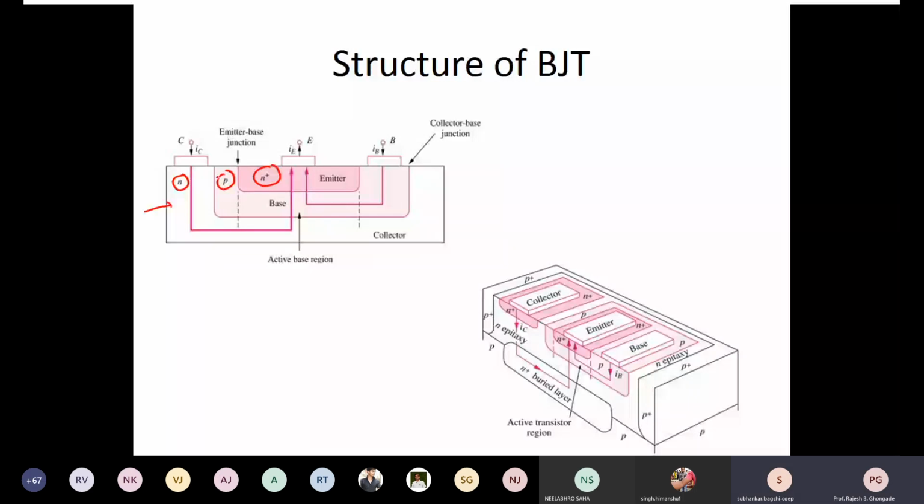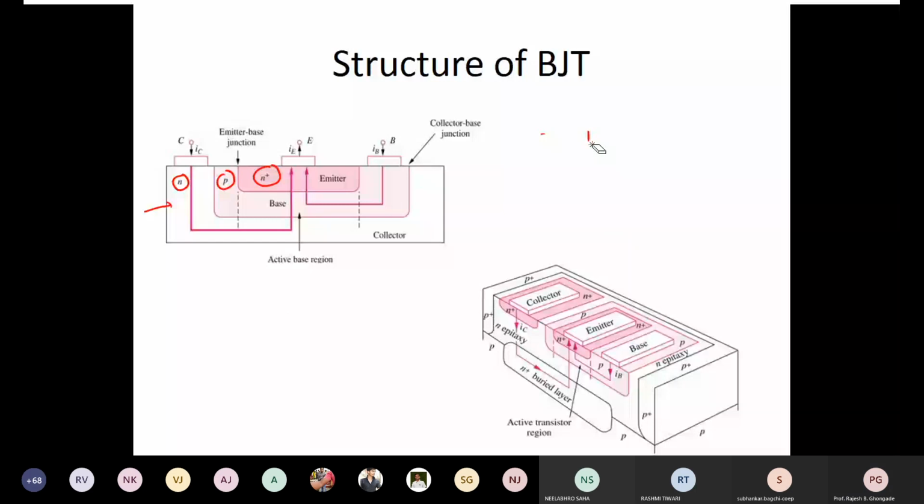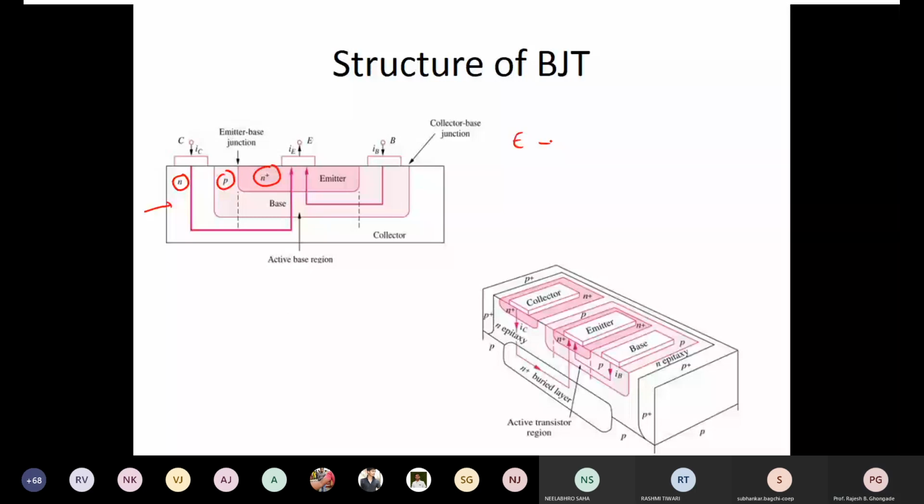Because it's highly doped. Yes, the emitter is highly doped, the base is lightly doped, and the collector is also lightly doped.